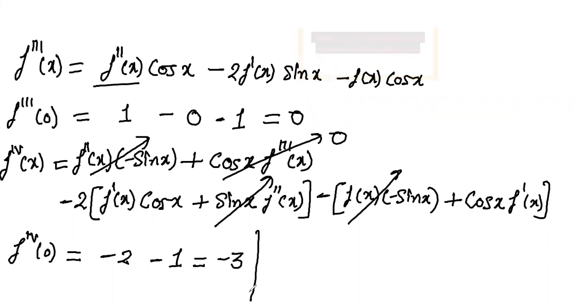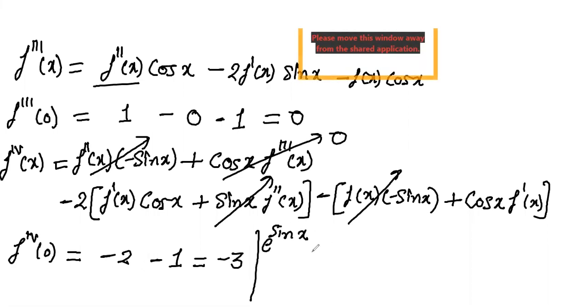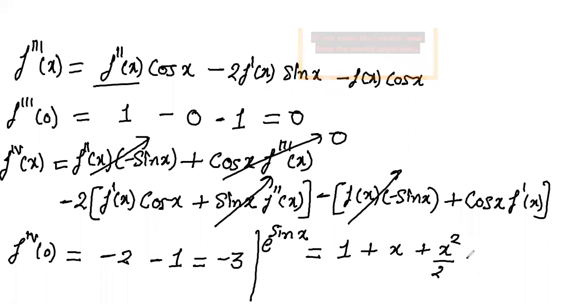So this series, e to the power sin x, is 1 plus x plus x square upon 2 factorial, because 2 into 1. That x cube is 0, then minus 3 into x to the power 4 upon 4 factorial.